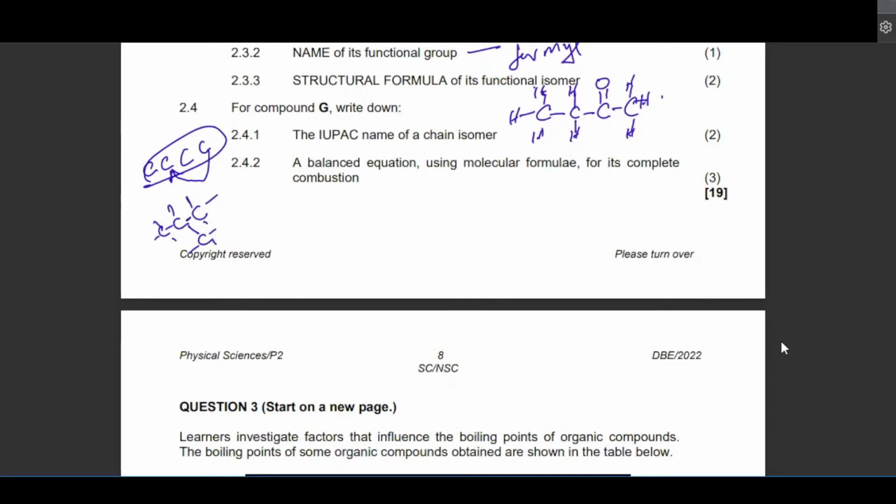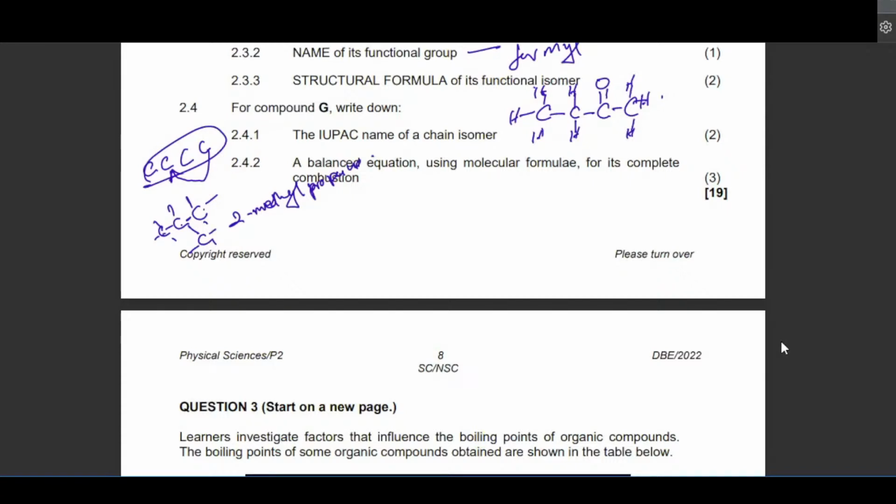They are saying the IUPAC name. Therefore, it's going to become 2-methylpropane. 1, 2, 3, which is propane, and the branch is on carbon atom number 2.